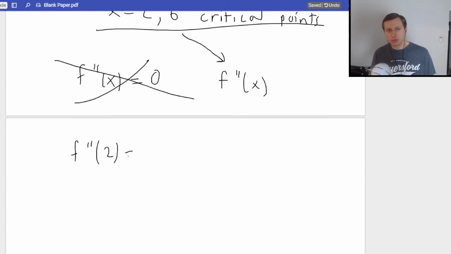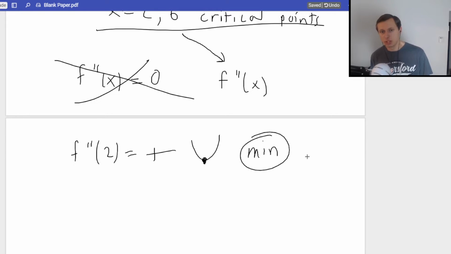F double prime of 2 is positive. And at the end of the day, I only care if it's positive or negative. If it's positive, then it's going to be a max or a min, right? Now, before I answer that question, remember, positive does not mean max automatically. It means concave up. And concave up looks like a minimum. And that's because it is a minimum. So it's the opposite of what you'd expect. Min at x equals 2. This is the first answer to our question.